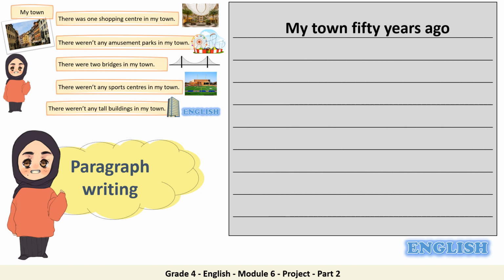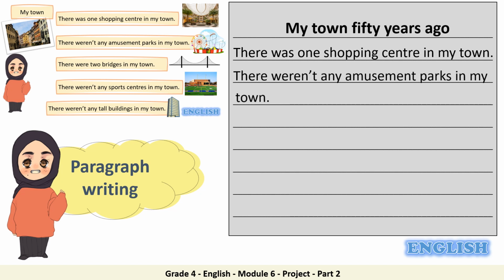Let's start with the first sentence. We start by saying, there was one shopping center in my town. We started the sentence with a capital letter and we ended the sentence with a full stop. Then we continue next to it, but in this case, there is no space. So we go to the next line.